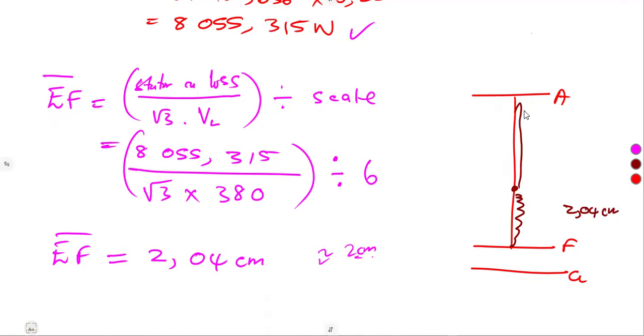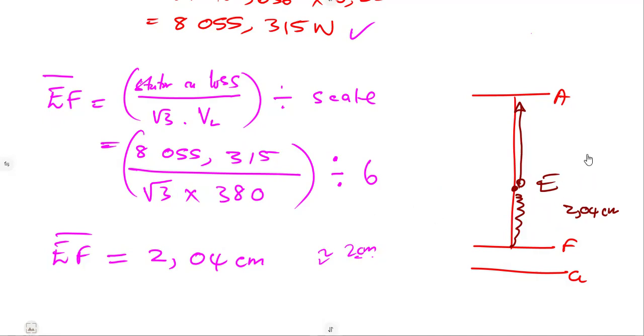Then going up the remaining distance, that will be A to E, because we know that EF is the stator copper loss at standstill, while A to E is the rotor copper loss at standstill.